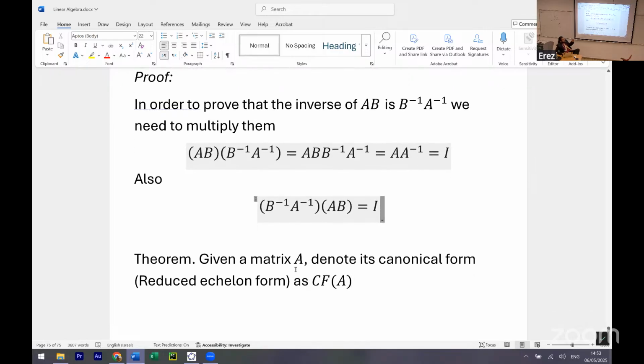Okay, so you have a matrix. You can do Gauss elimination, meaning do operation after operation. Eventually, you get to the canonical form. What we proved is that instead of actually doing the operation, you can multiply by some invertible matrix. And the whole process will be the product of many invertible matrices. But what is the product of invertible matrices? It's also an invertible matrix, right?